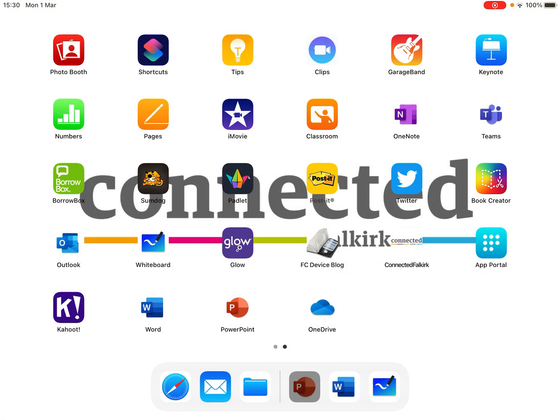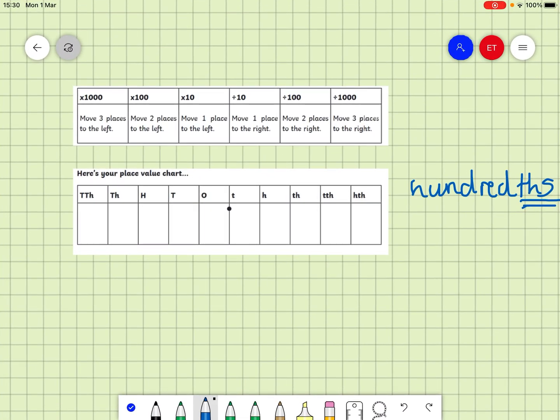So to recap, our ladybird is 10 millimetres. Now, when we're converting millimetres to centimetres, we need to divide by 10. If we're dividing by 10, each digit moves one place to the right this time.